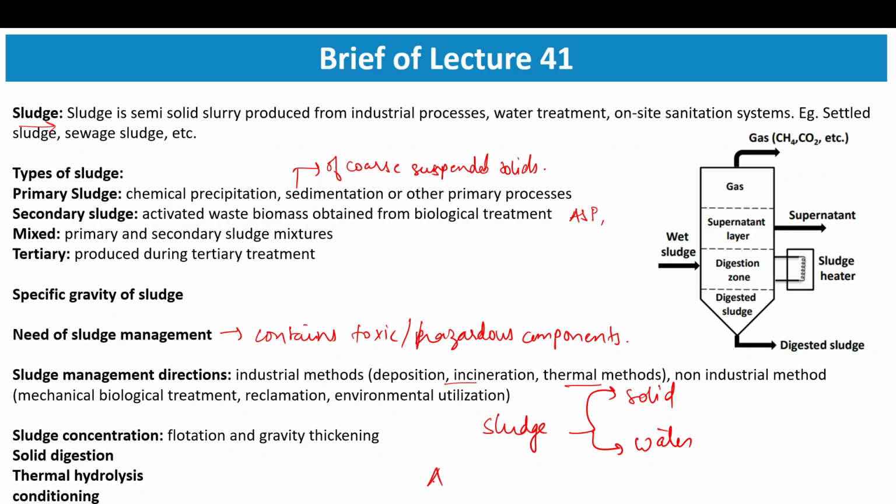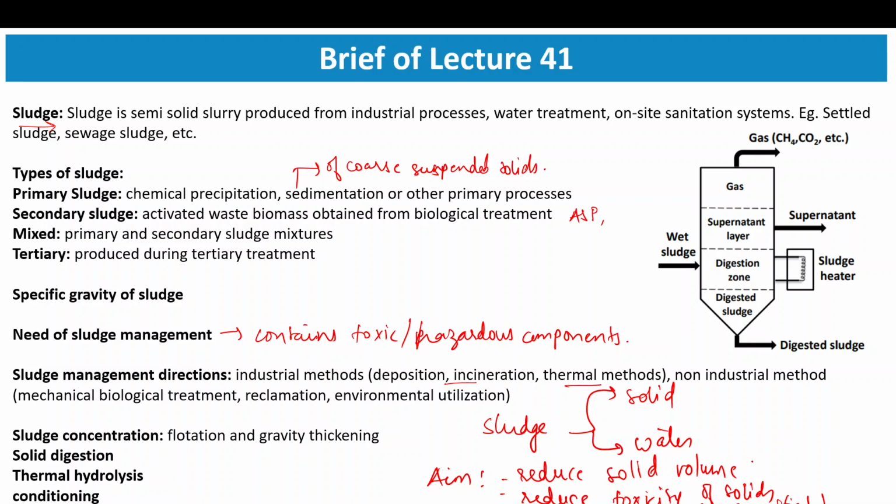Our aim is to reduce solid volume, then reduce the toxicity, if any, of solids, and recover the water, which is in purified or pure form, right? Now, why do we need to reduce the volume of solid?